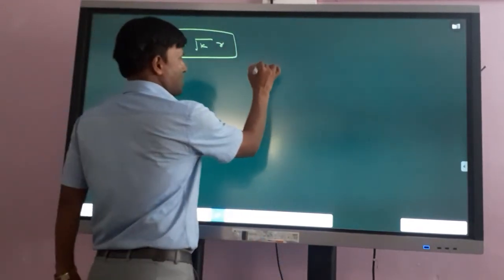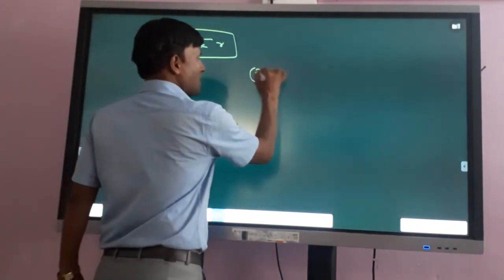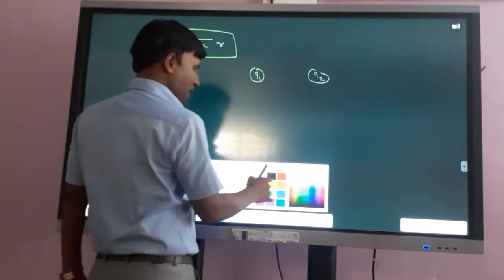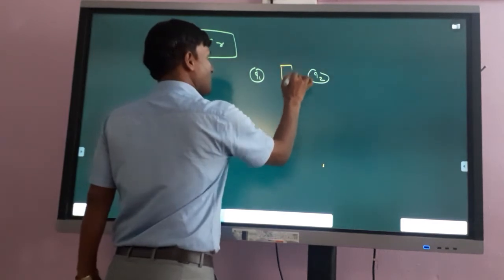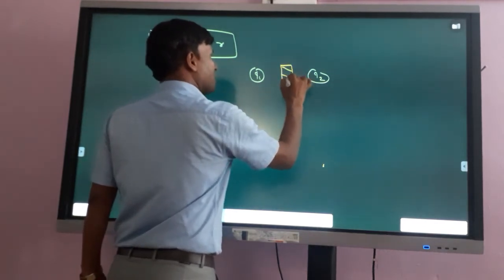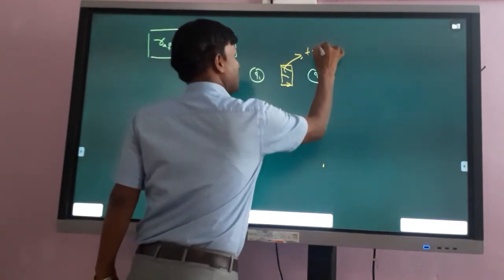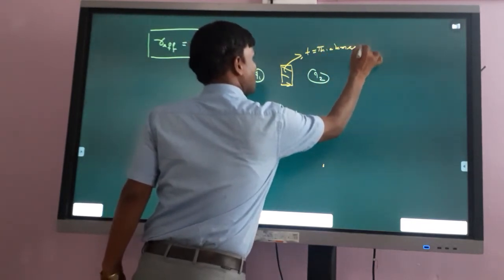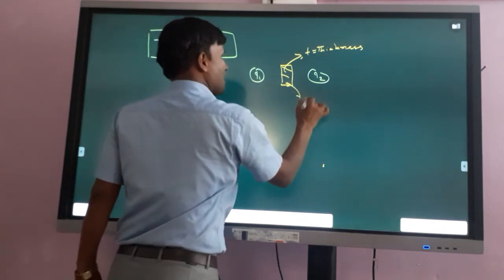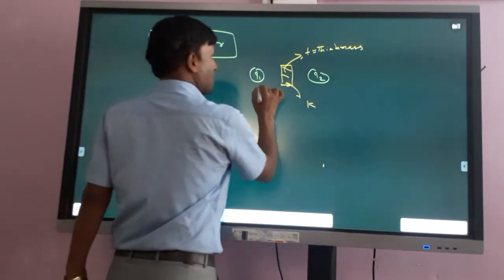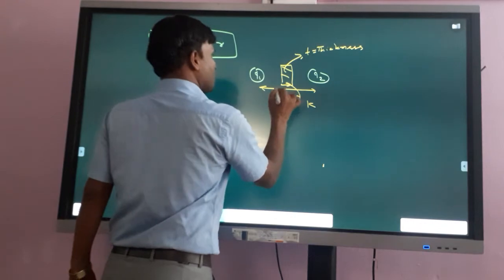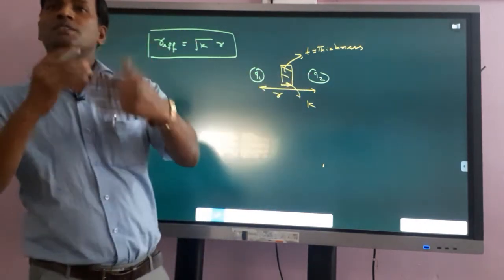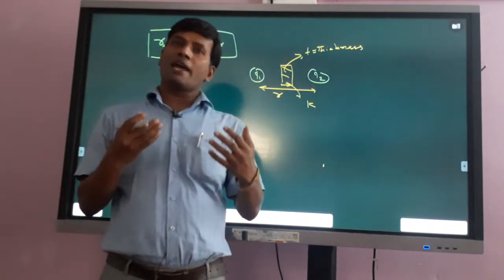Now come to the question. What is the question? This one is Q1 and this one is Q2. Now a dielectric material of thickness T and dielectric constant K is placed between these two charged particles. Now the distance, this one, is R.